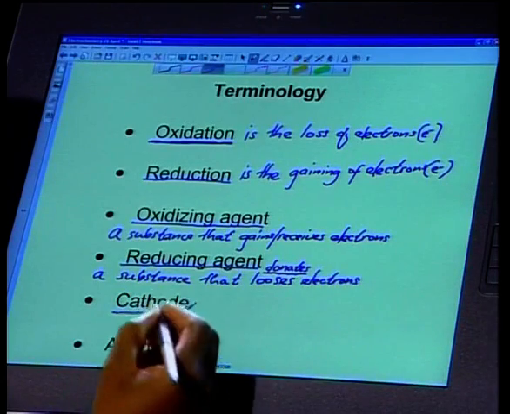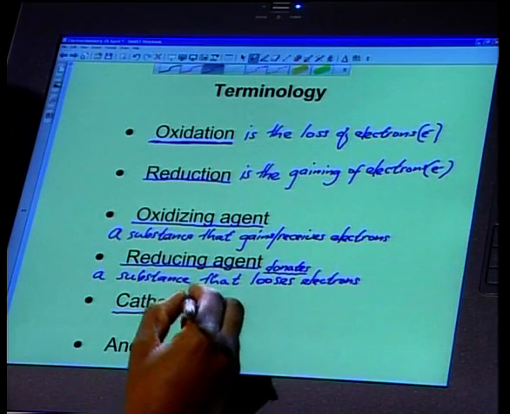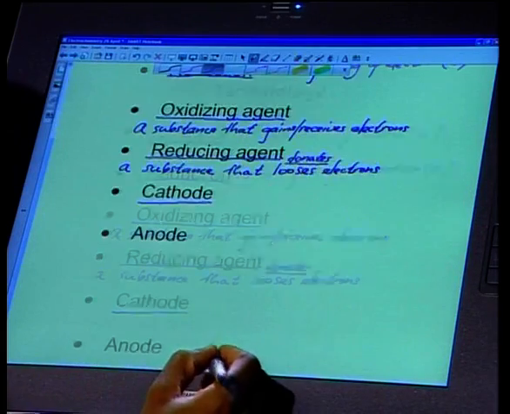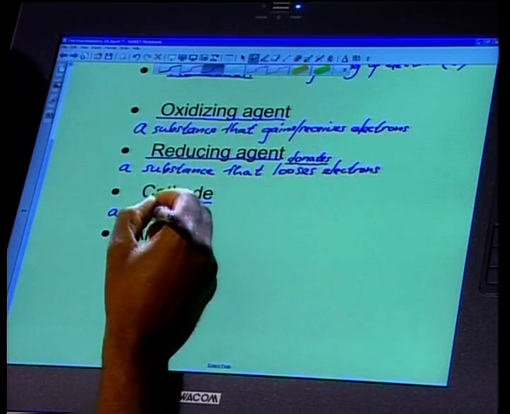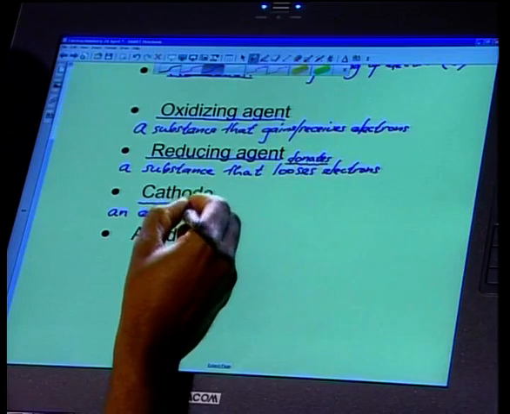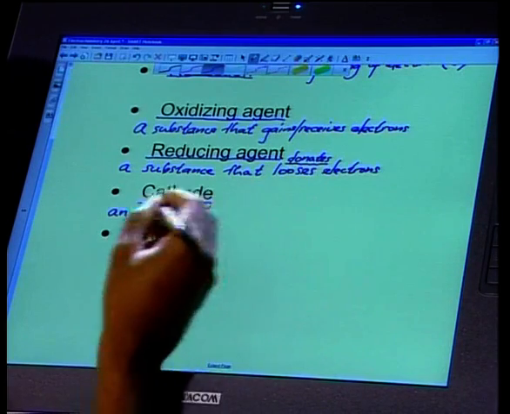Next is a term called cathode. What is a cathode? A cathode is an electrode. I'll explain a lot more about electrodes as we move on in this lesson.